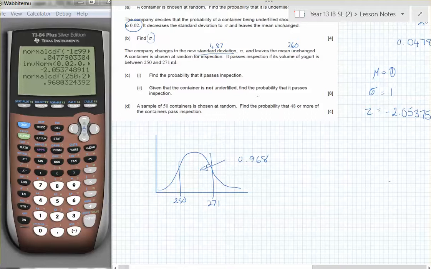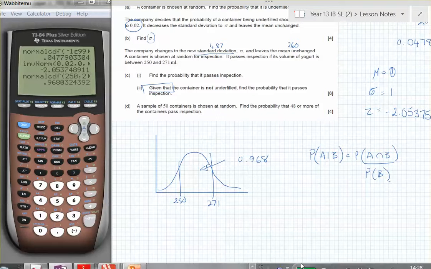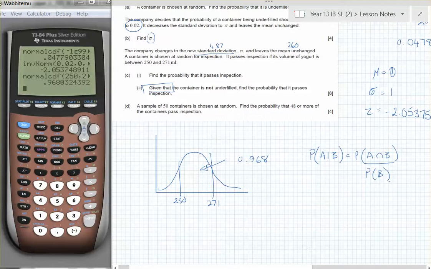Okay. Part B, given that the container is not underfilled, so it's this given that we need. So remember, we've got this equation, A given B is the probability of A and B divided by the probability of B, so the given that one. So in this case, the probability that it passes inspection is from the previous part of the question.